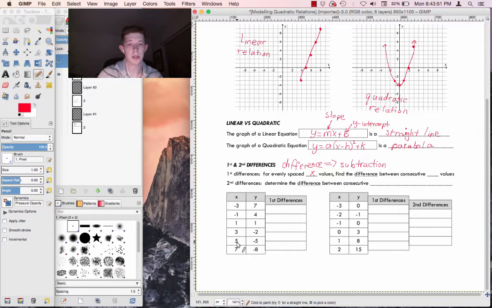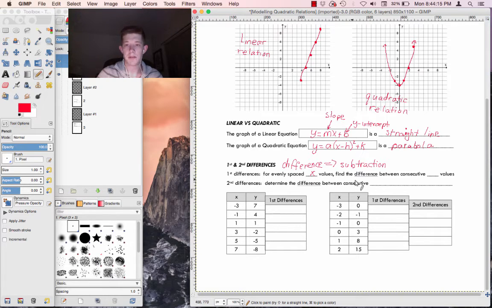So for example, 3 to 5, you have to add 2 to 3 to get to 5, and then you have to add 2 more to 5 to get to 7. Or if you go 7 minus 5, you get 2. 5 minus 3, you get 2. 3 minus 1, you get 2. You get the idea. All of these will give us a difference of 2. So first thing we always want to do is make sure that our x values are evenly spaced.